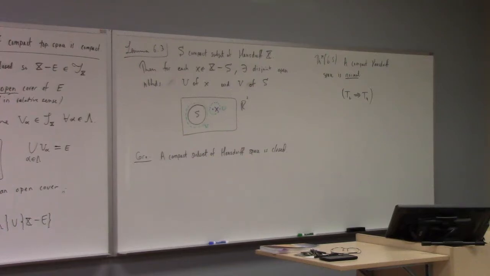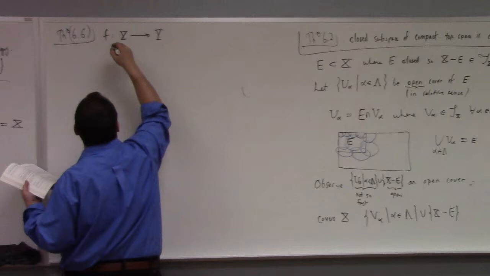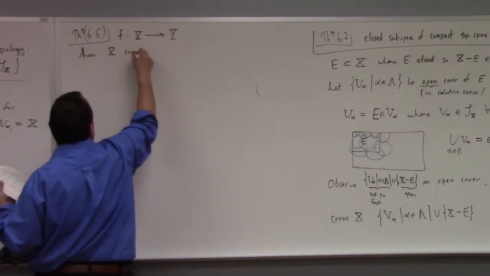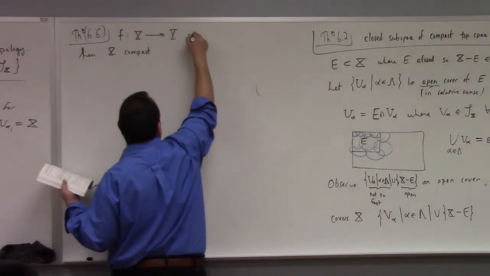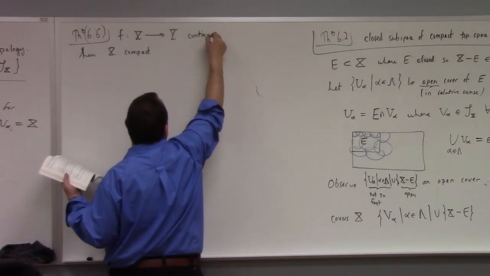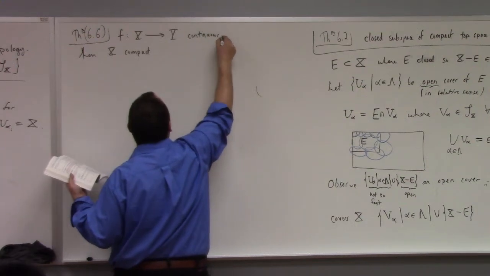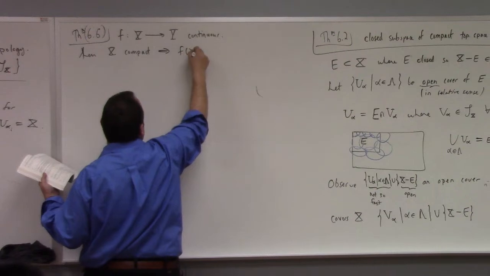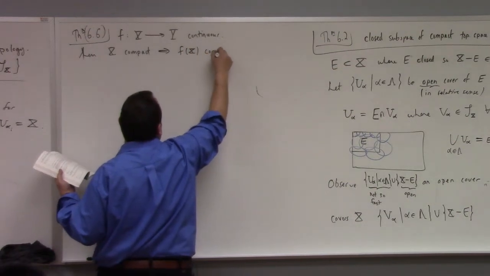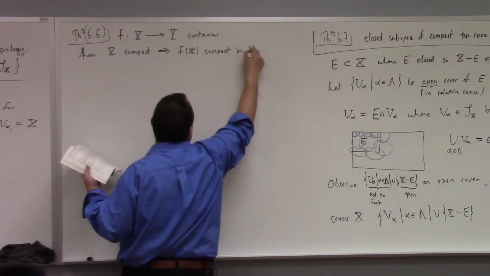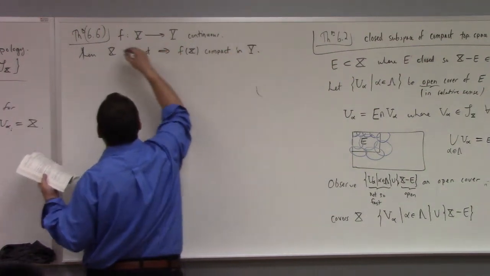F going from X to Y, then X compact, continuous, of course. Continuous are the only kind of functions that exist to us in topology. All right. Then X compact implies that F of X is compact in Y, of course using the relative definition of compactness of a subspace.